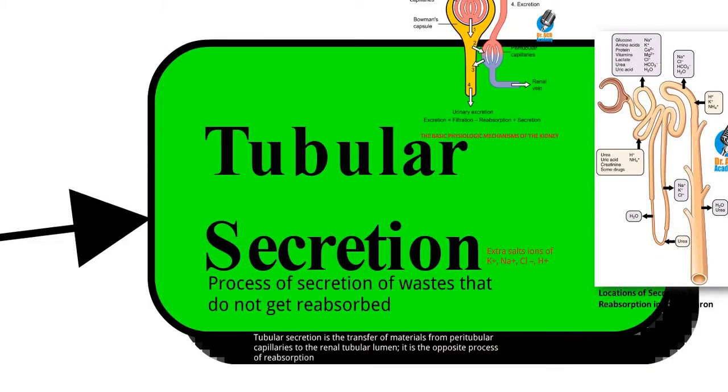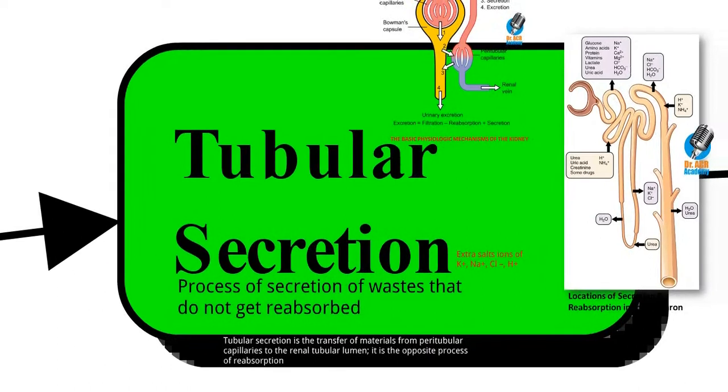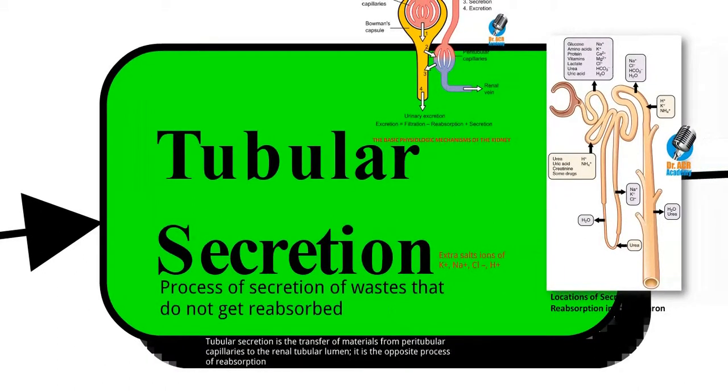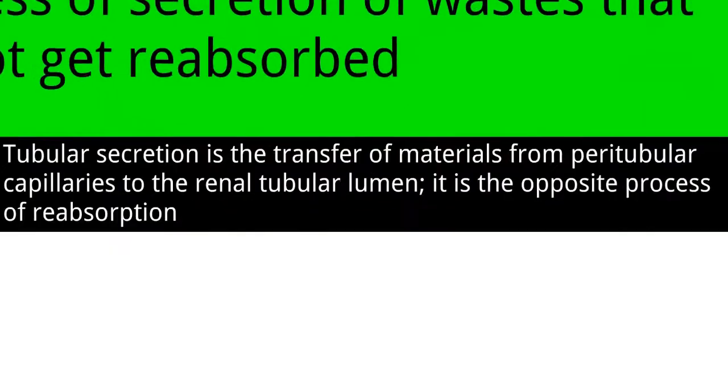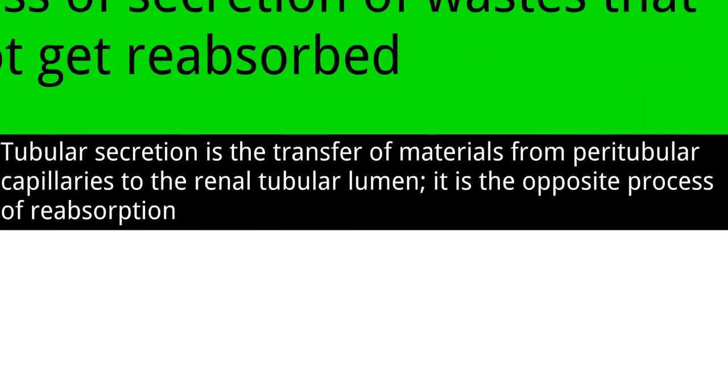And coming to the third stage of urine formation, that is tubular secretion, this can be defined as the transfer of materials from peritubular capillaries to the renal tubule, which is opposite to the process of reabsorption.